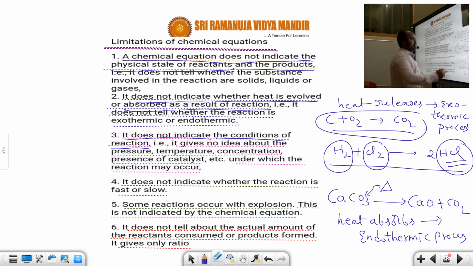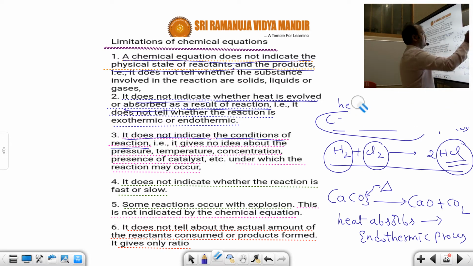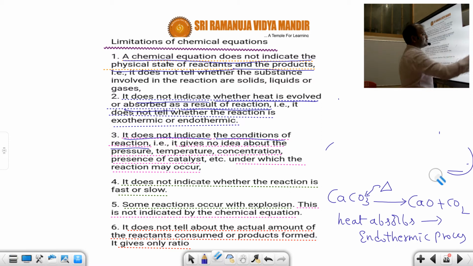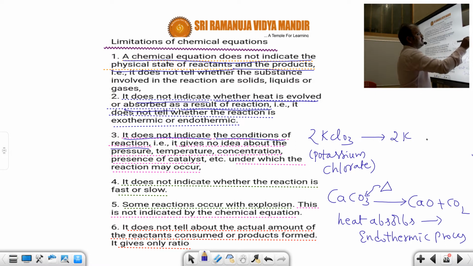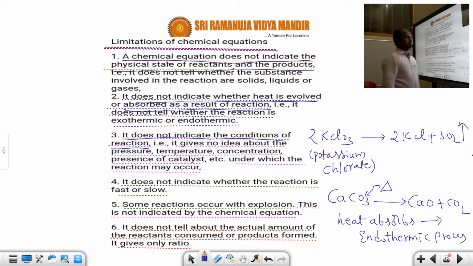For example, take potassium chlorate, KClO3. It will give potassium chloride and oxygen.